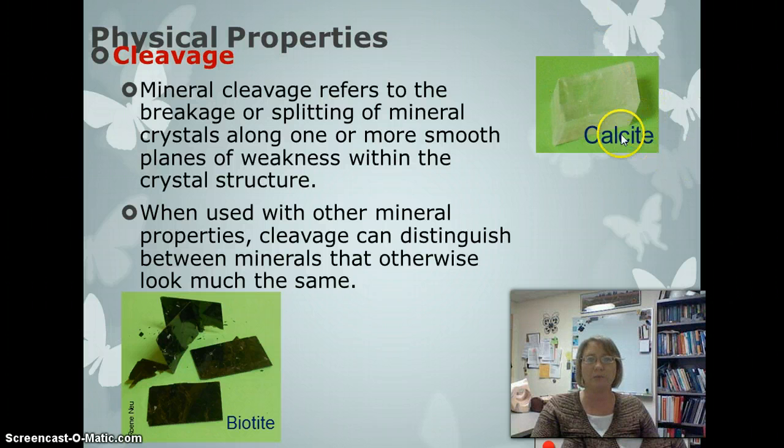Calcite, the way it's broken, will break into rhombohedral boxes. Another example of cleavage is down here below. This is biotite. When it breaks, it actually breaks along thin planes. These thin planes are like sheets of paper being pulled or peeled apart.